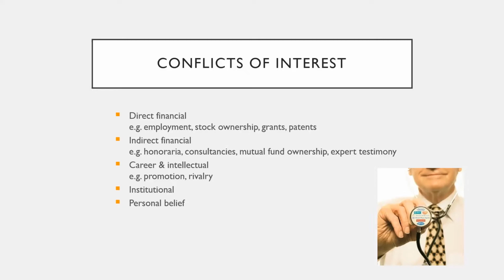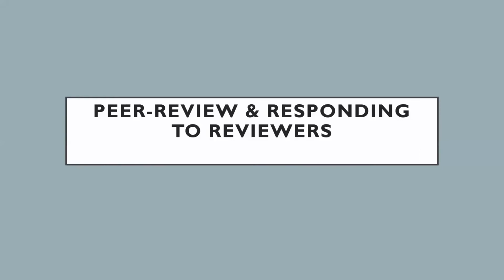There should be no conflict of interest so you can proceed with the submission. So you need to take into consideration these two things: the cover letter and conflict of interest. Now let's move to the peer review and responding to the reviewer.